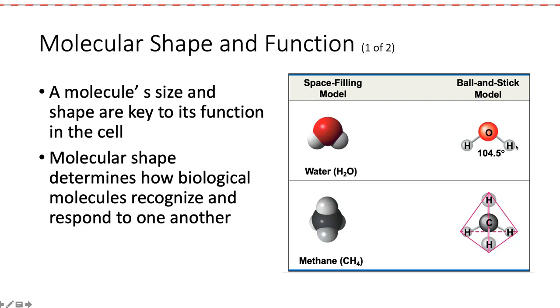So that's important. And then methane has a tetrahedron shape. That means a four-sided shape, where one is going straight up and three are spread out evenly at the bottom, sort of like the bottom of a pyramid, but with three sides instead of four. So those are going to be important shapes that we're going to be seeing throughout the semester.